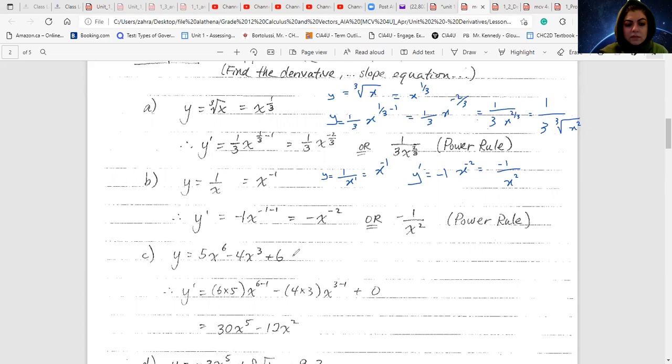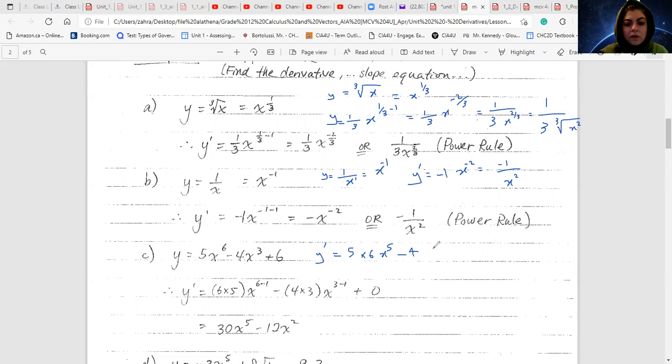So here is another example. Again, to take a derivative, you take a derivative of each term. So I keep the constant, power in front, it's going to be 6, power minus 1. 6 minus 1 is 5. Minus 4 is constant.